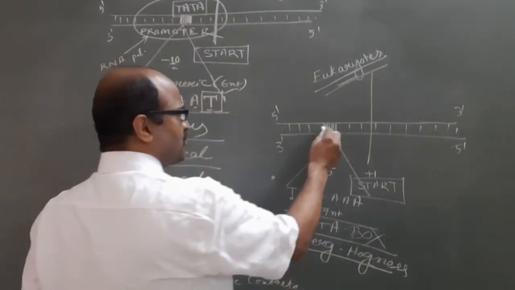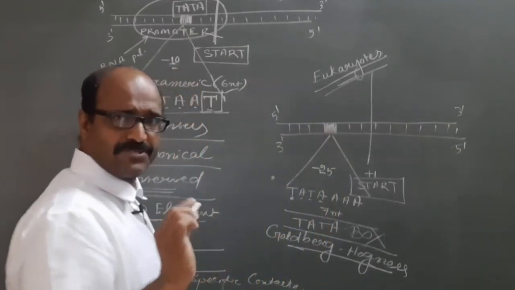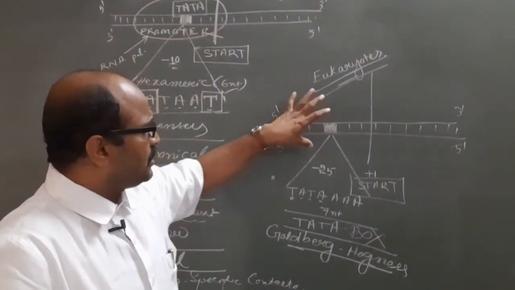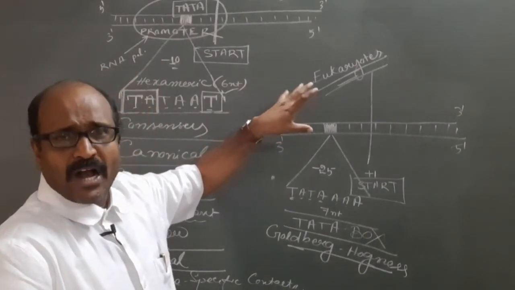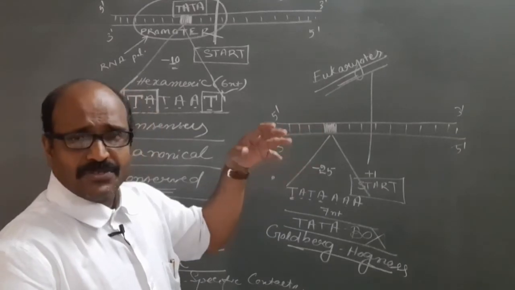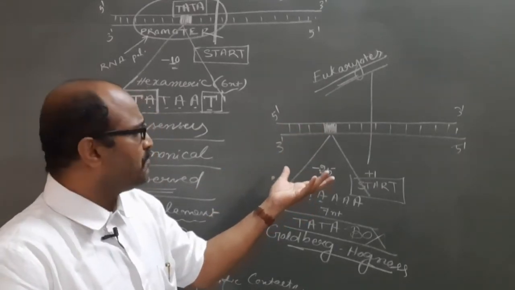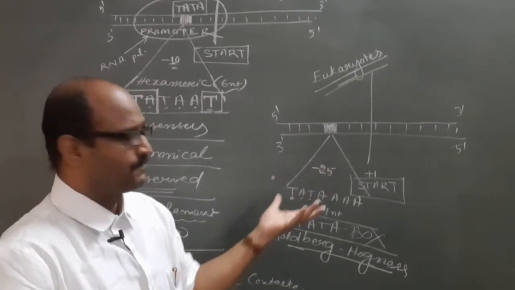So in this TATA box region in eukaryotes, there are several enzymes. There are 3 types of RNA polymerase: 1, 2 and 3, and besides these RNA polymerase enzymes, some proteins are also involved in the process of transcription.